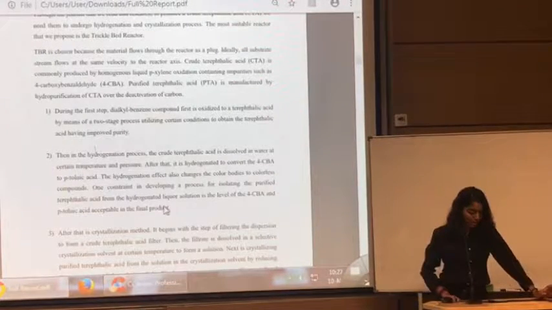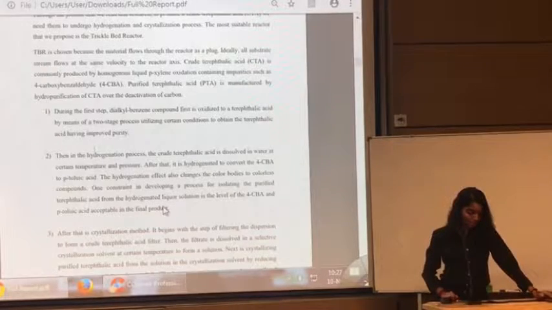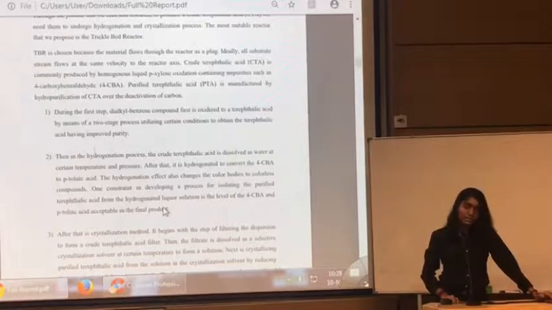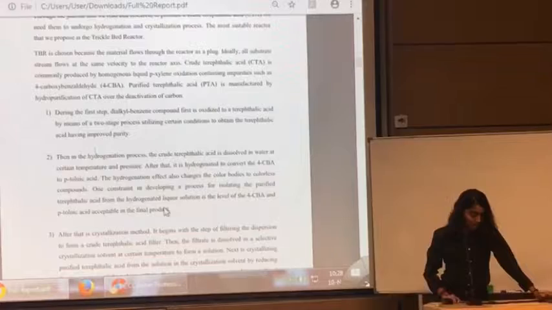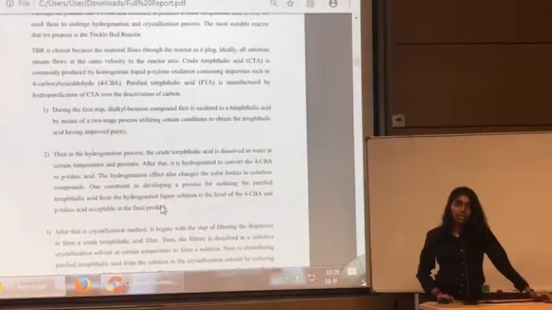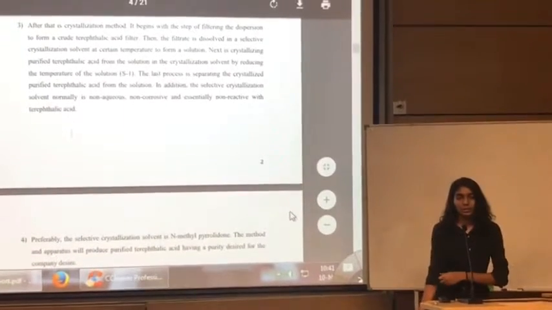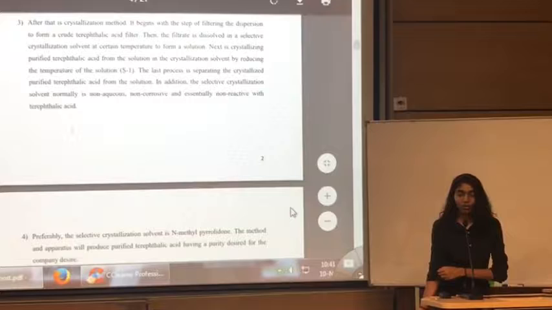One constraint is in developing a process for isolating the purified TA from the hydrogenated liquor solution, with levels of 4-CBA and p-toluic acid acceptable in the final product. This hydrogenation also converts the color bodies into a colorless compound. For the crystallization method, the process begins with filtering the dispersion to form CTA.